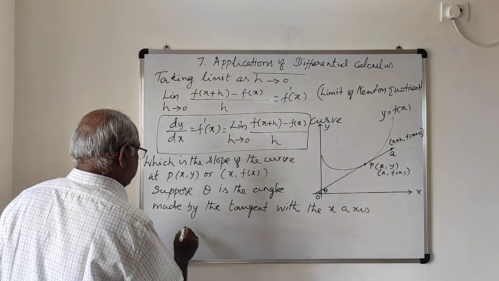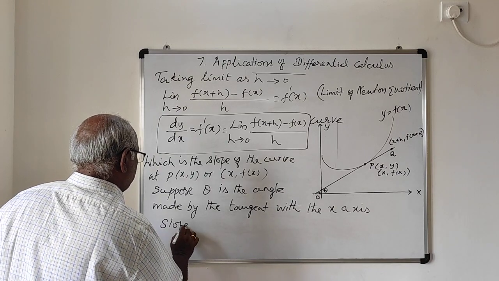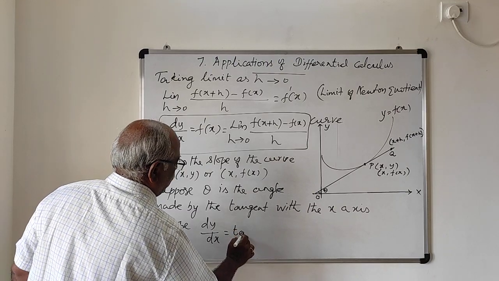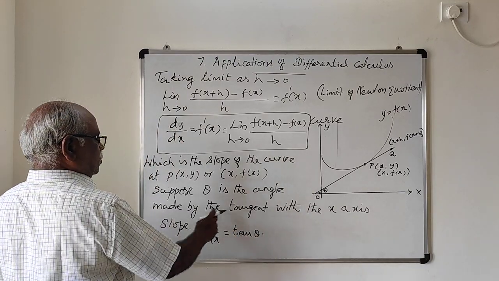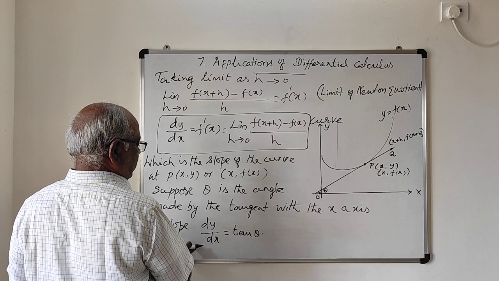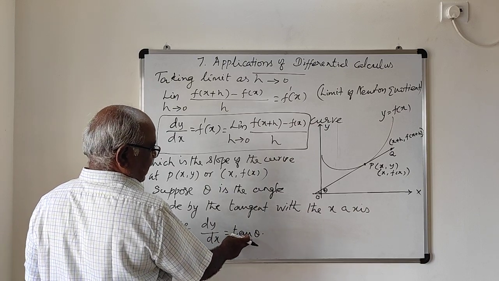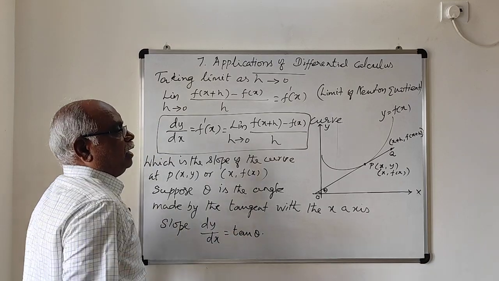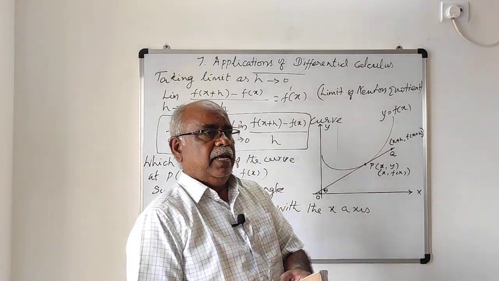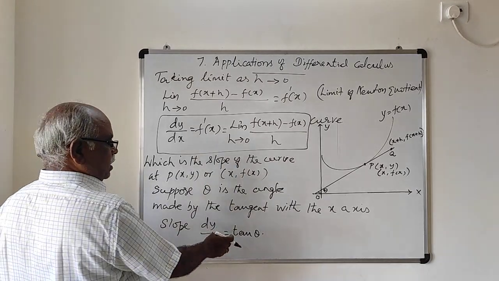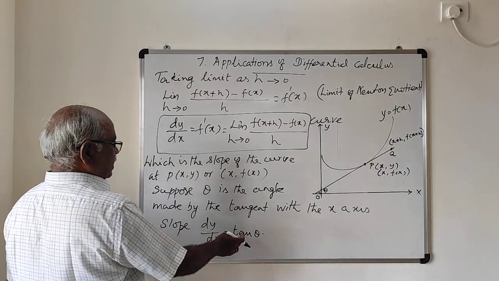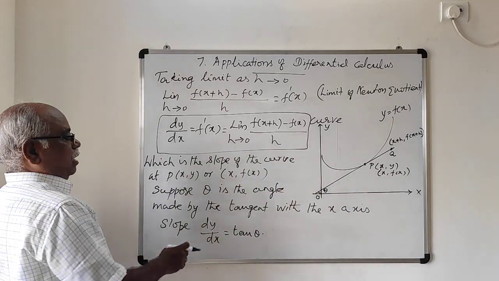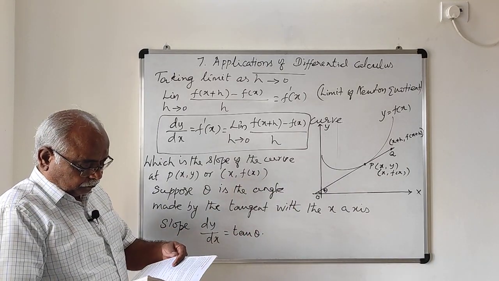Then the slope of the tangent dy by dx is tan theta. So it's also the definition for the slope: dy by dx is the tan value of the angle made by the tangent with the x-axis. The tangent at the point P x comma y makes an angle theta with the positive direction of the x-axis. Therefore, tan theta is also called the slope, and dy by dx is tan theta.